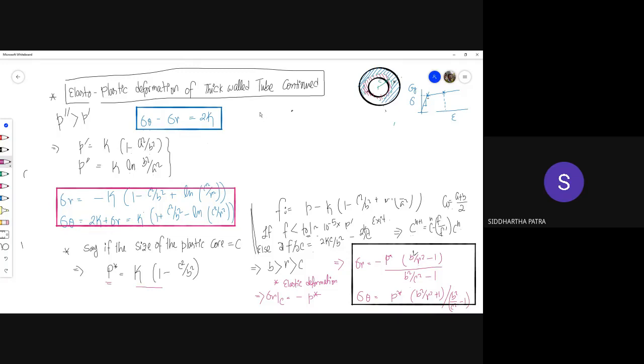Now take A by B equals 0.5. Now can you tell me how much is A squared by B squared? Of course, this one is really simple. This is going to be 0.75. But what about this?